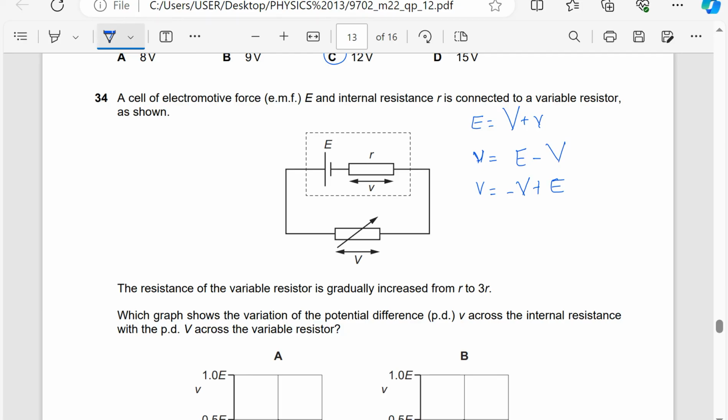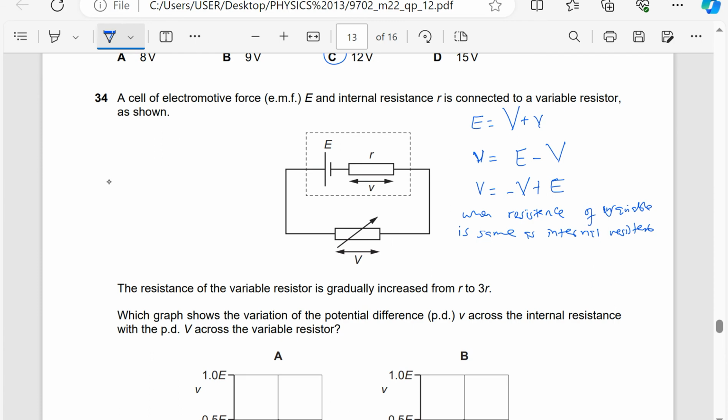So when the resistance of the variable resistor is R, it means the resistance of the variable resistor is the same as the internal resistance.